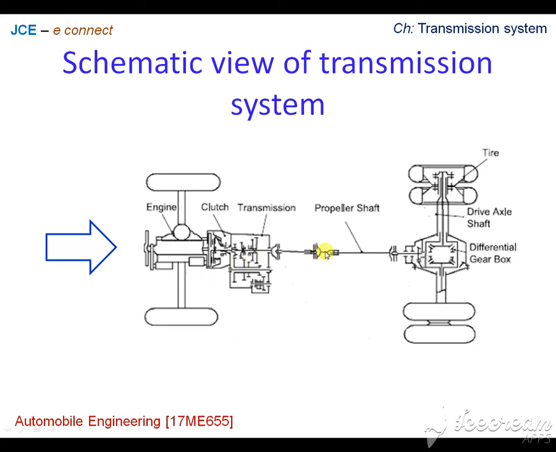Next to the transmission we have a propeller shaft, which is further connected to universal joints, and the propeller shaft is further connected to a gearbox at the rear end of the vehicle, and this gearbox helps in delivering the required power to the wheels while distributing the speed even when the vehicle is taking a turn. So we see the whole layout of the transmission system. Apart from the engine we have so many components in place which help in achieving free movement of the vehicle.